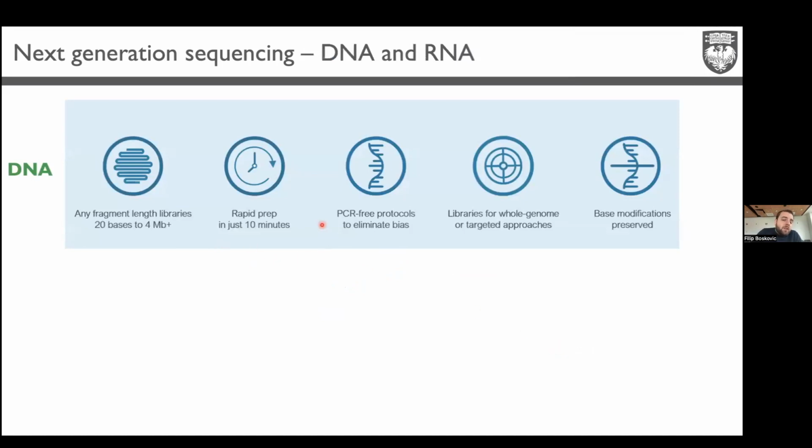Some advantages that the company claims, I'm repeating myself, but just so that you're aware of the capabilities. For DNA, you can sequence anything from 20 bases to 4 megabases. Particularly for short sequencing, Nanopore fails compared to Illumina, because physically, if the molecule is going through the pore and it's exiting, would you catch the last 5 bases?